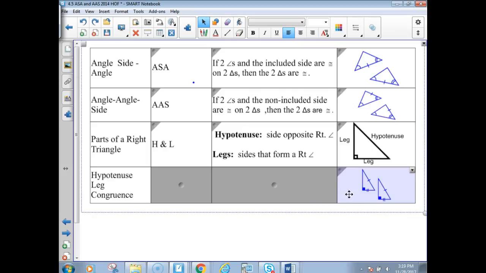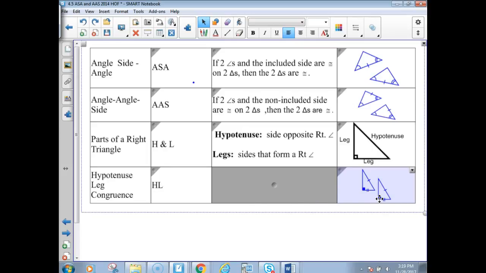This is the only ASS that works. Why? It only works for right triangles. Okay, it has to be a right triangle. So we do not call it angle side side, we call it HL, hypotenuse leg.